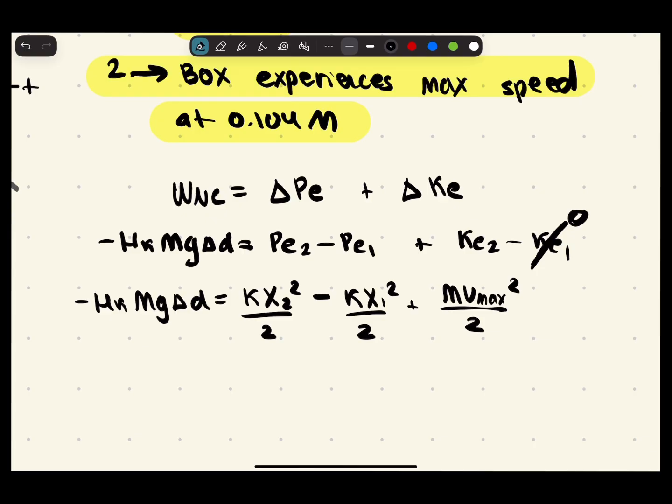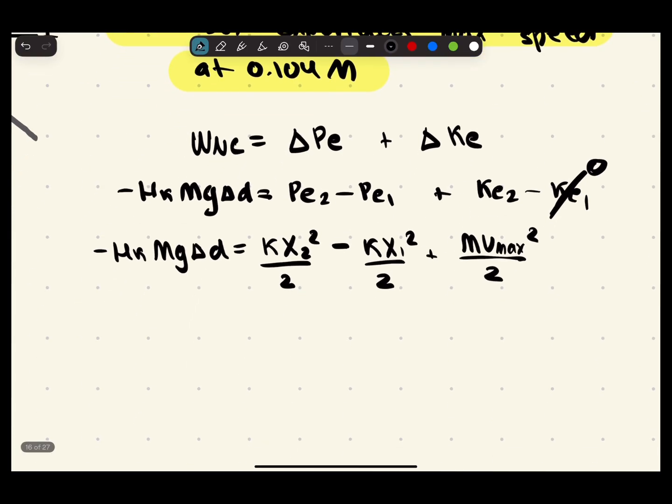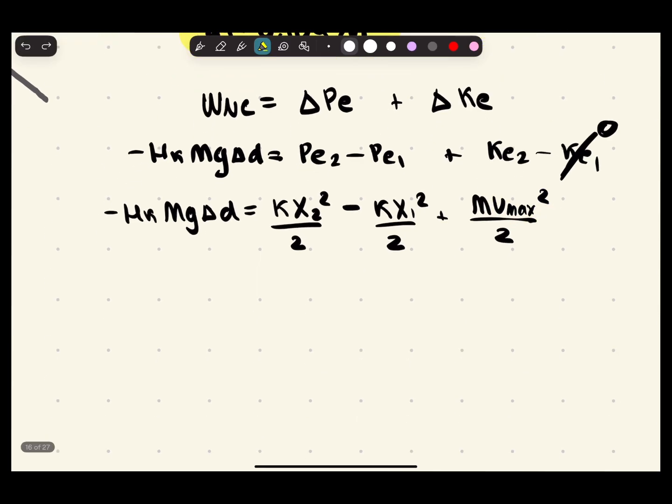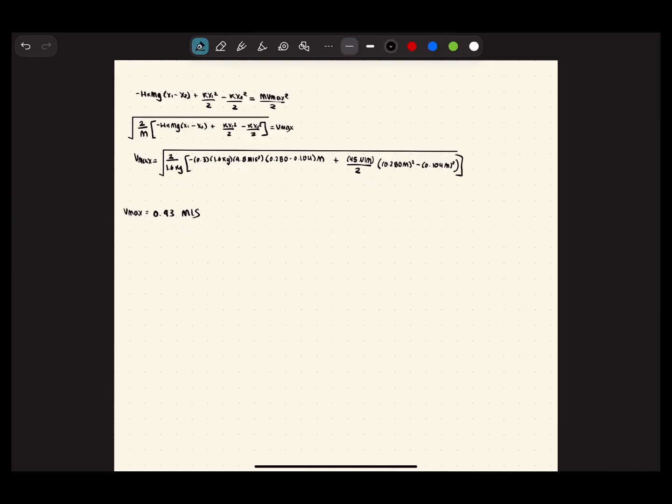Now what we need to do is rearrange this equation and solve for Vmax. Let me do that real quick. After solving for everything, you should get that the maximum speed of the box is 0.93 meters per second.